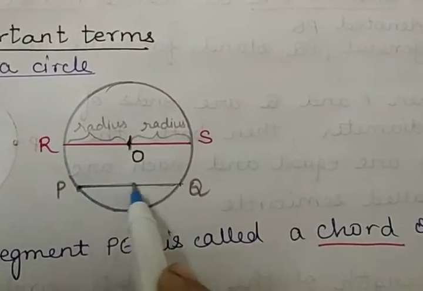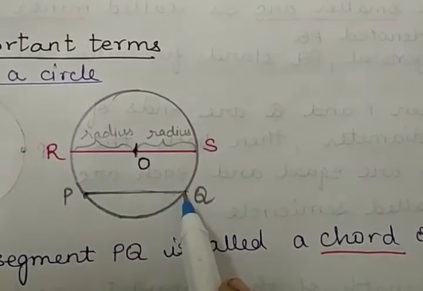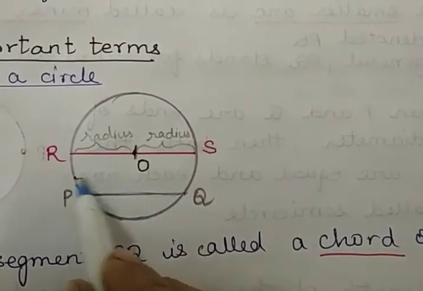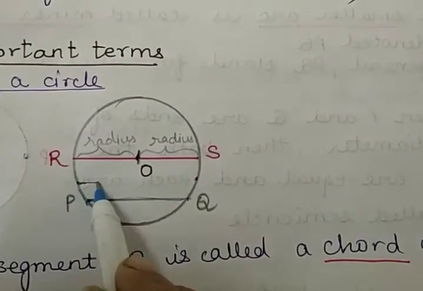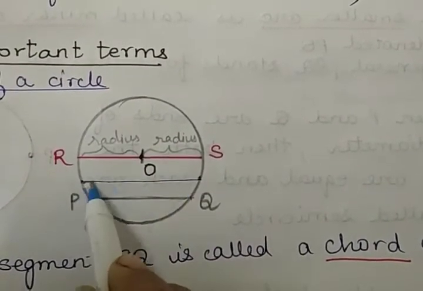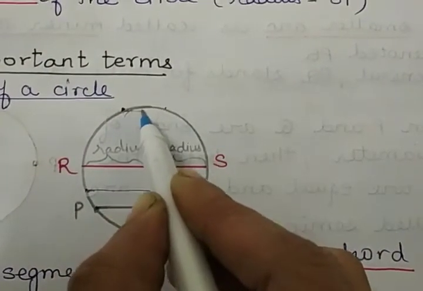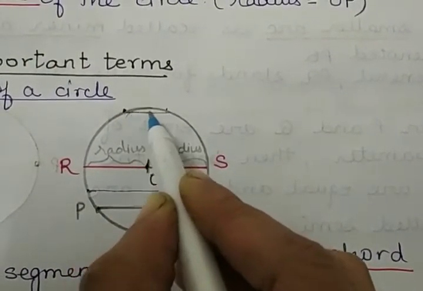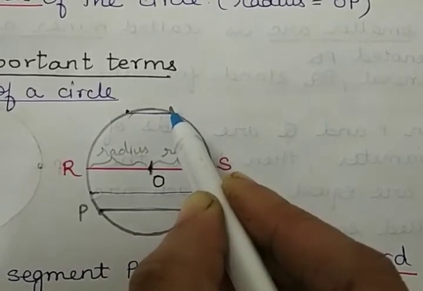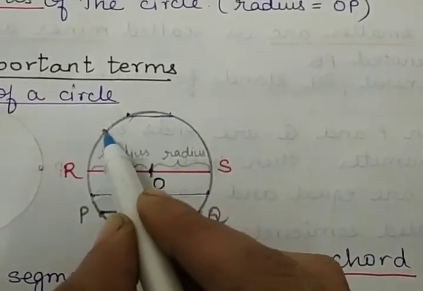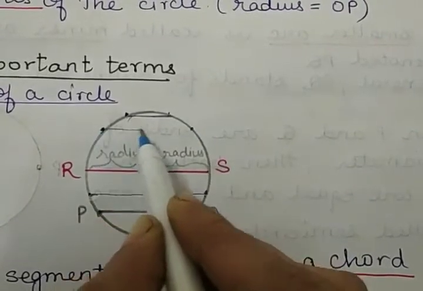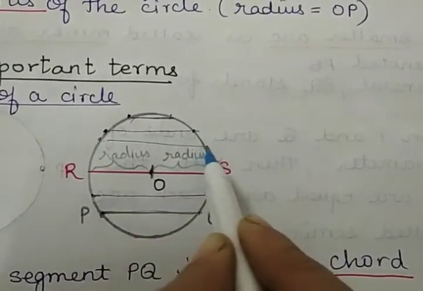Now here if I take 2 points and draw a line segment, this will be a chord of a circle. If I take 2 points here and draw a line segment, then here also I'll get a chord of a circle. Similarly, you can take different points on the circle and draw a chord of a circle.